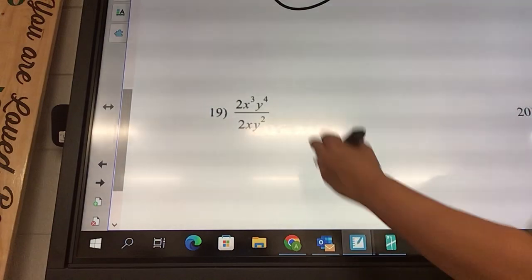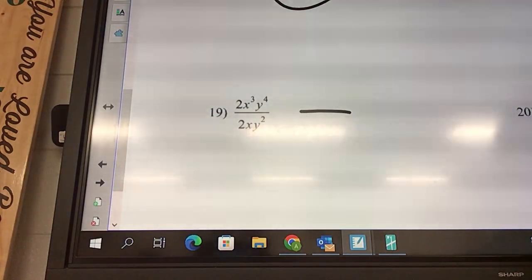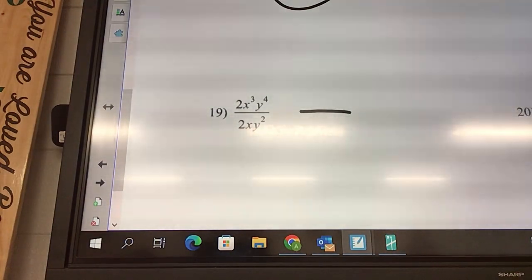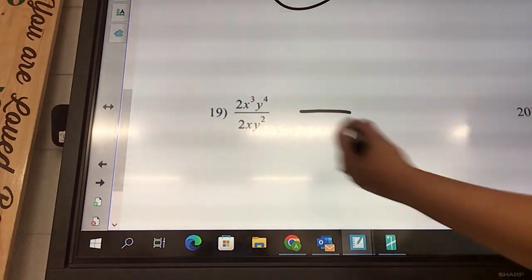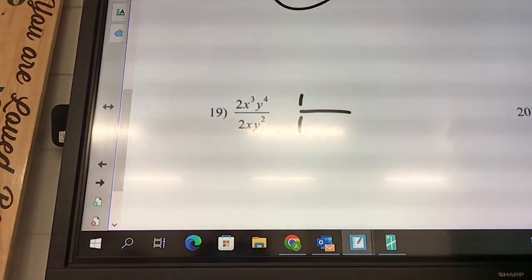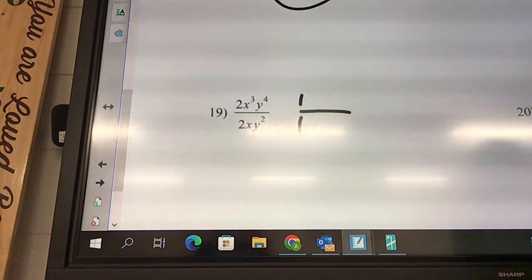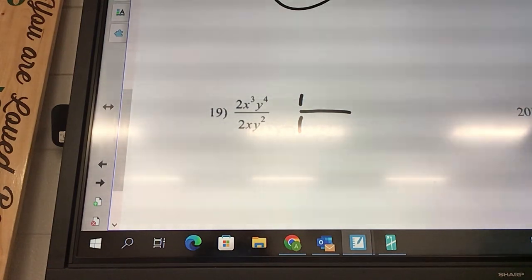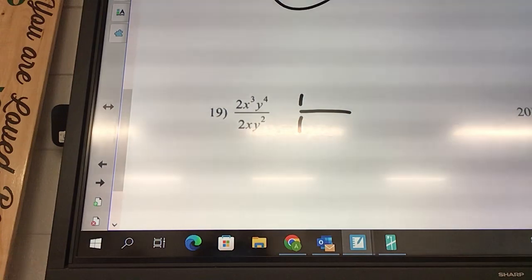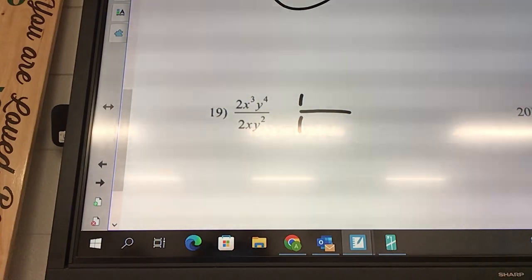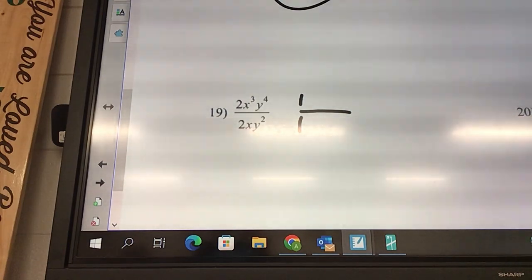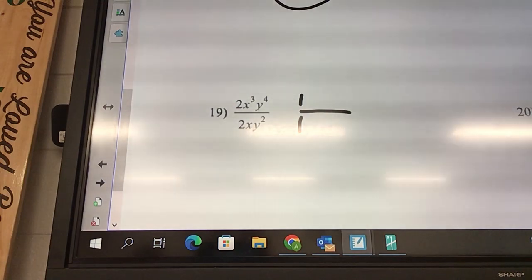Okay, last one, 19. Does 2 over 2 simplify? It's 1. If you want to, again, put the 1 over 1, you totally can. On your calculator, it's just going to give you 1. If you get one number, so if I had 6 over 3, on my calculator I'm going to get 2. So that 2 then goes on the top.